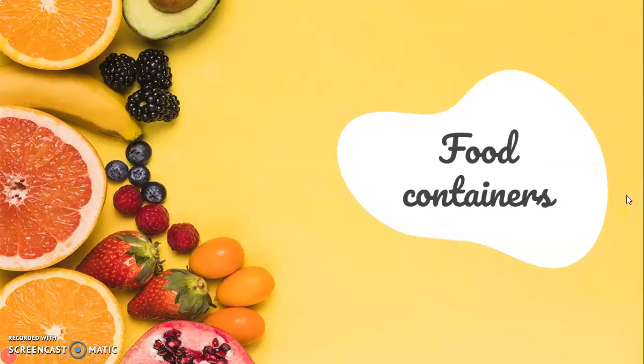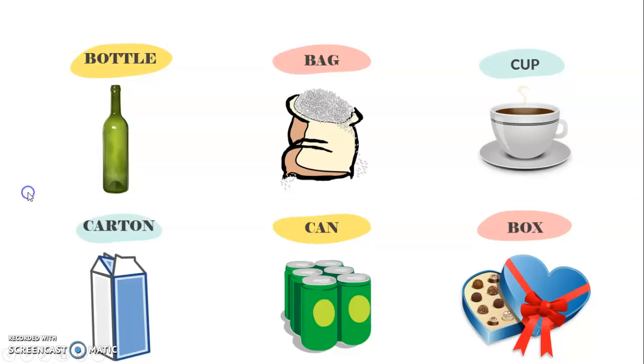In case you want to refer to a specified amount using uncountable nouns, you can use food containers such as bottle, bag, cup, carton, can. For example, you can say, I have a bottle of water.